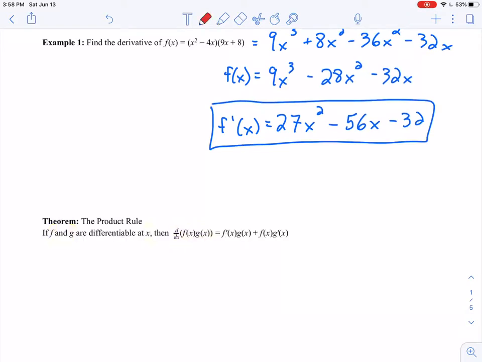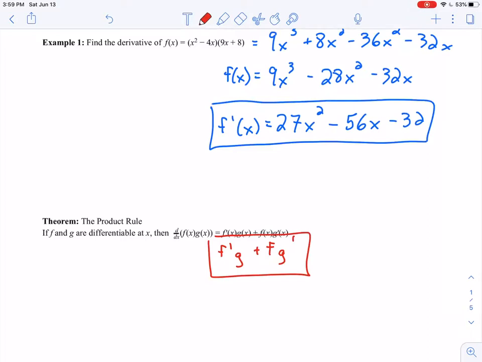Sometimes I will write this more simply as f prime times g plus f times g prime. I think that just looks a little bit cleaner. But this is our product rule. This is our first kind of big derivative rule besides the power rule. And this is going to tell us how to deal with functions like we said earlier, 3x e to the x.